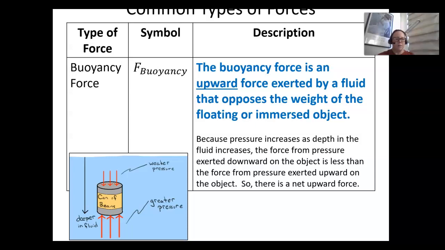So if you had a log or something that's floating in water, for example, as the object is floating, the pressure from the water underneath the object is greater than the pressure from the water above the object, and therefore the difference between them tells us that there's a buoyant force that tends to push upward on that floating object.